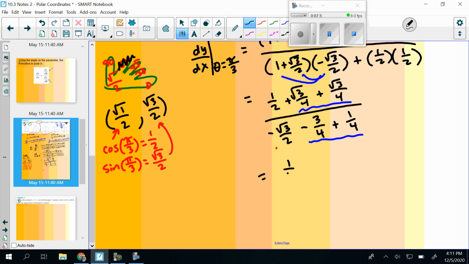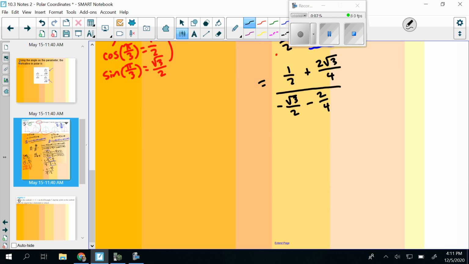So now you've got 1/2 plus square root 3 over 4 plus another square root 3 over 4 would be 2 square roots of 3 over 4. On bottom here, we're going to have negative square root 3 over 2. And then here, adding those up, negative 3/4 plus a fourth is going to be negative 2/4.